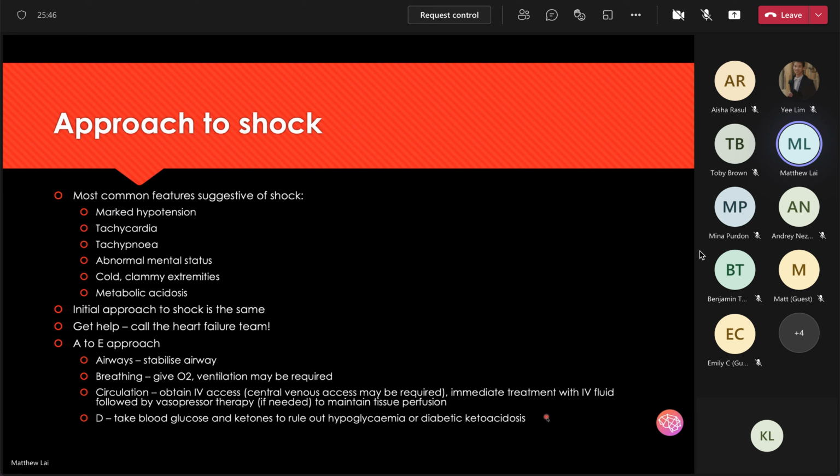And of course, you want to take blood glucose and ketones to rule out hypoglycemia or diabetic ketoacidosis, which are two other conditions which potentially could give you some of the same symptoms. So you want to eliminate those two conditions as a potential cause for your patient as opposed to shock.